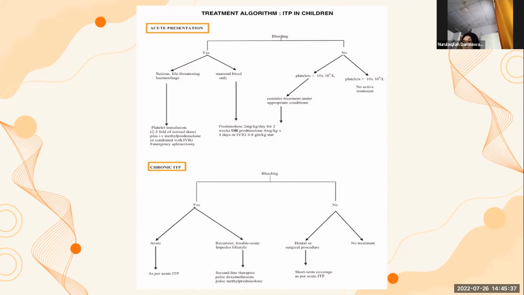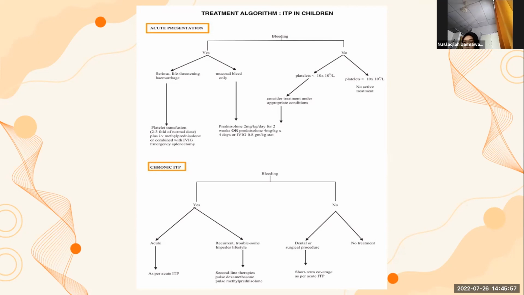However, if bleeding occurs, if it is an acute one, we can manage by giving the steroid or IVIG. If the bleeding is recurrent or also affects the patient's lifestyle, we can suggest second line therapy.